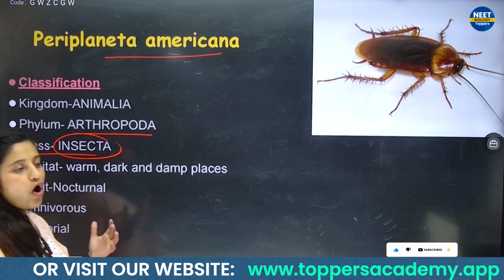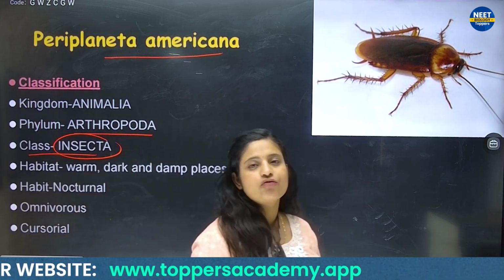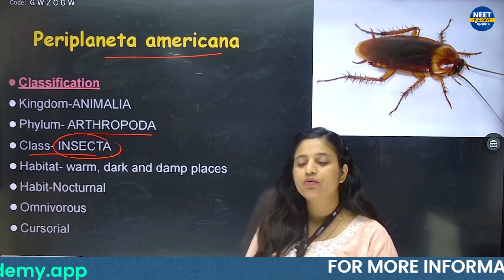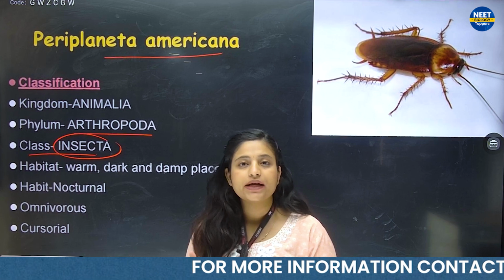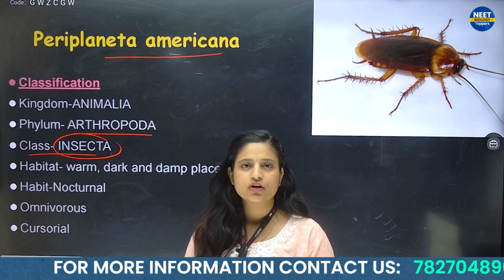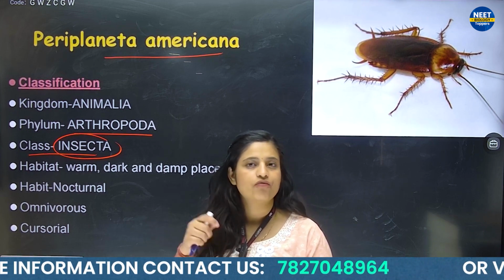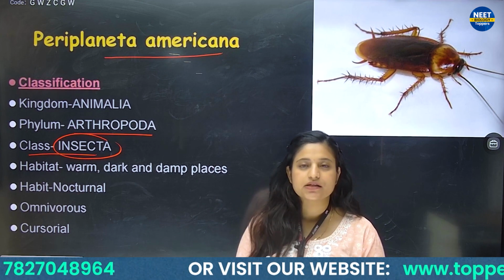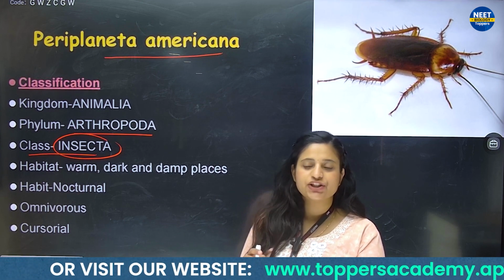And with respect to the habitat of the cockroach, their habitat is warm, okay? They are generally found in warm areas. They are found in dark places. Mostly cockroaches are found between the cracks of walls, okay? And also near damp places which are moist in nature, okay?